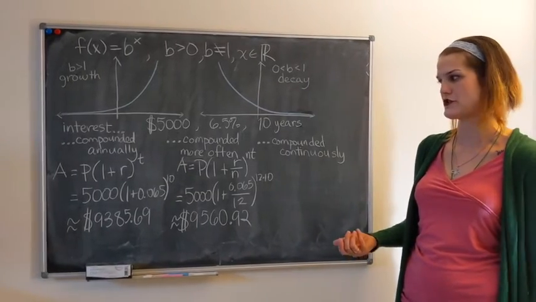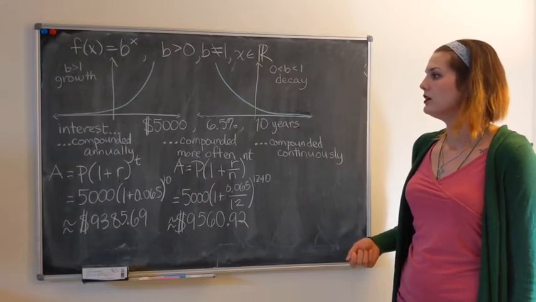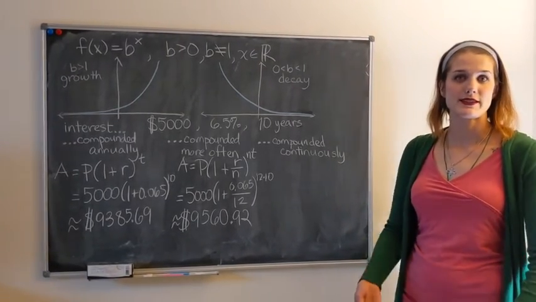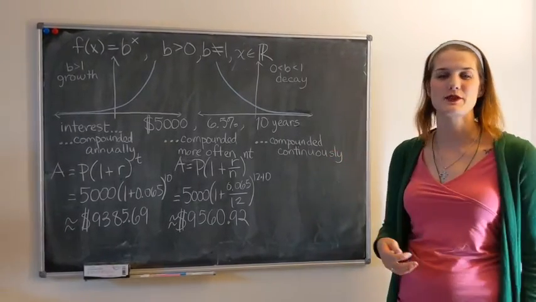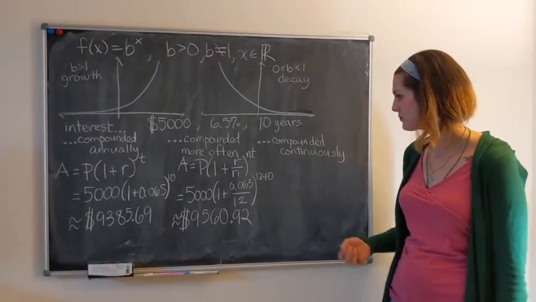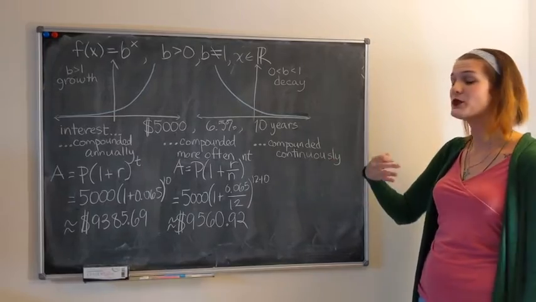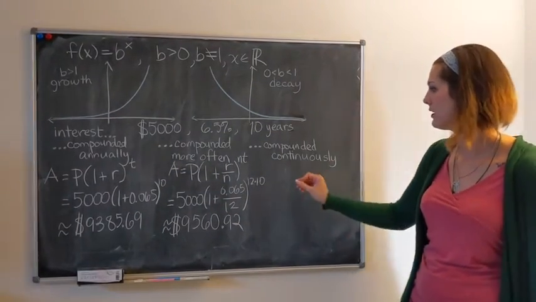So almost $200 more. As this would seem to indicate, the more often interest is compounded, the more interest ends up getting added to the loan or the investment. And you could continue this all the way down to continuous compounding, where at any given moment you are adding interest.